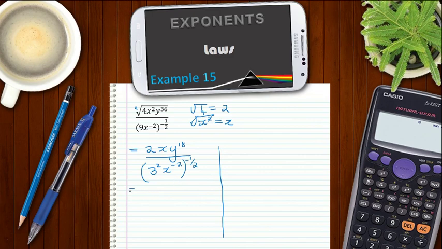So let's do that. We've got 2x y to the power of 18 over 3. If I multiply this out, this becomes negative 1. And if I multiply this in, this becomes a negative, and a negative becomes a positive. Then this 2 over 1 will cancel with this 1 over 2.